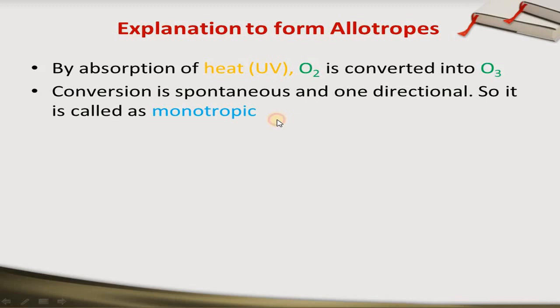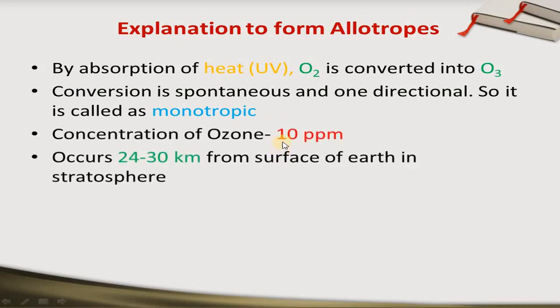The concentration of ozone is 10 parts per million. It occurs at 24 to 30 kilometers from the surface of Earth in the stratosphere. It lies in the second layer of the atmosphere.